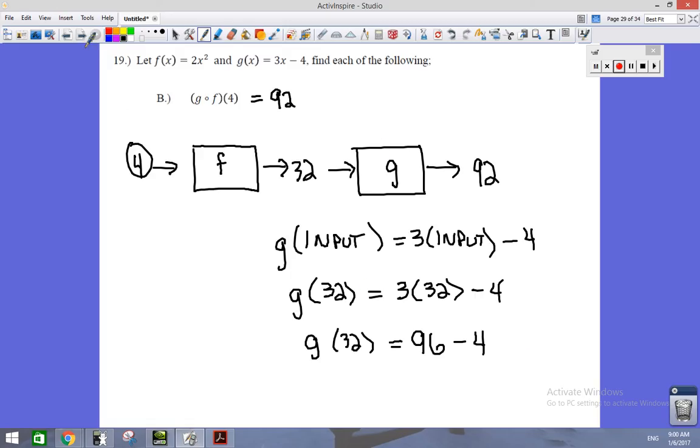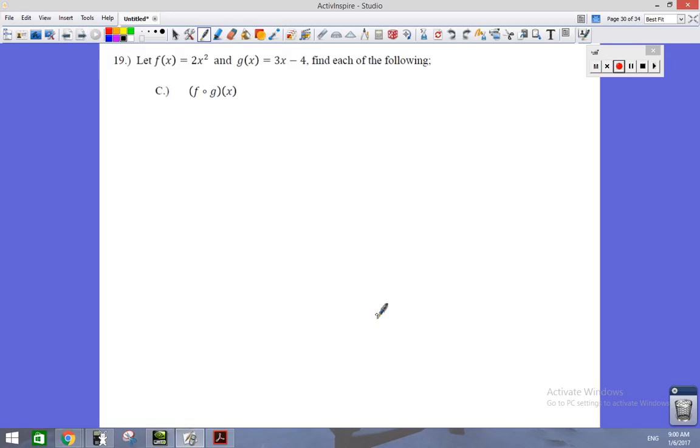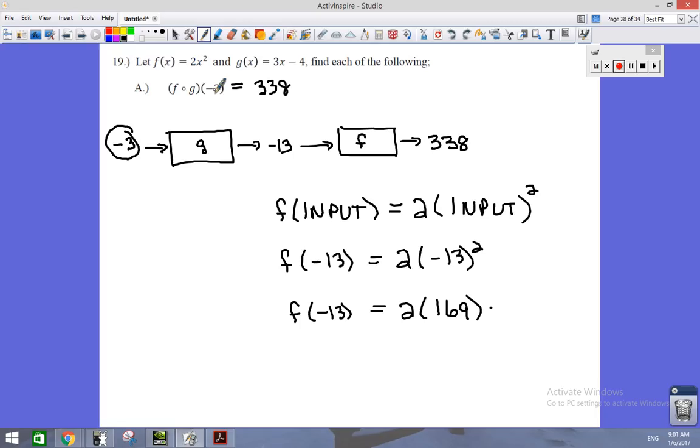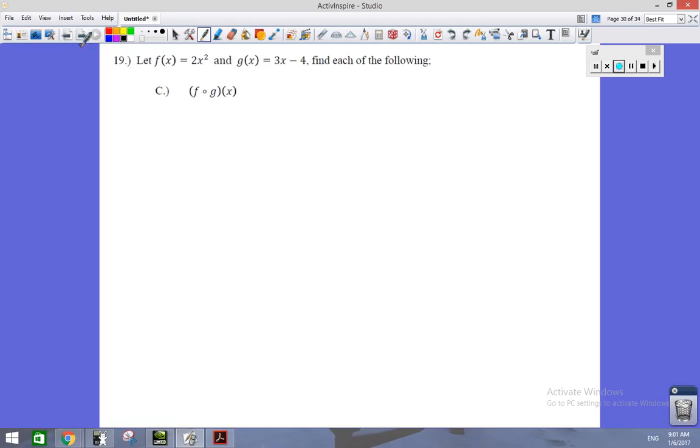All right. Now, I'll be able to check these answers. Well, the answer for part A, f composed with g, evaluated at -3. See, here in part C, it's asking me to come up with the formula. So I'm going to use that formula to check my answer in A. Again, I start with the second function.